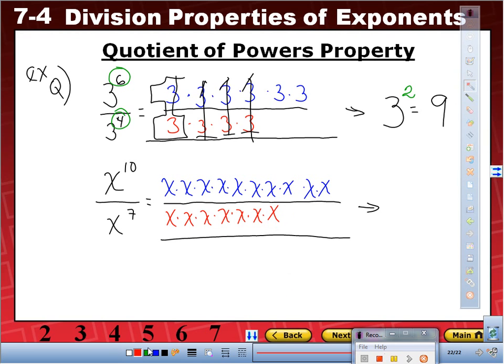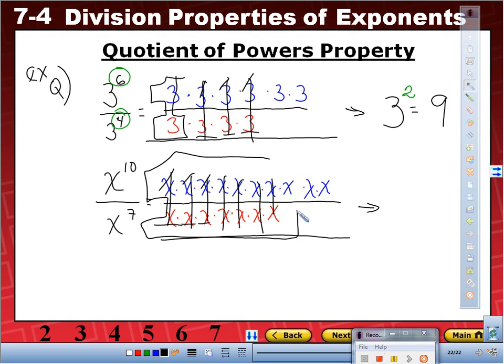And then we know that here's a giant 1. Here's another giant 1. Here's another giant 1. Here, here, here, here. So therefore, do you guys see the giant 1 right here? You guys see it? What's left over? What's left over, guys? X to the 3rd power.